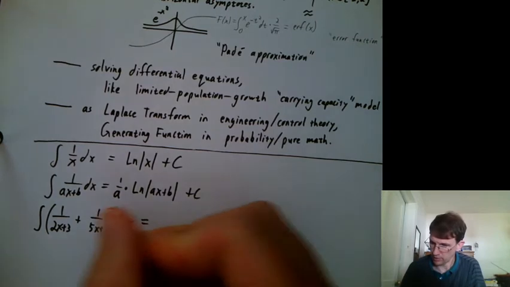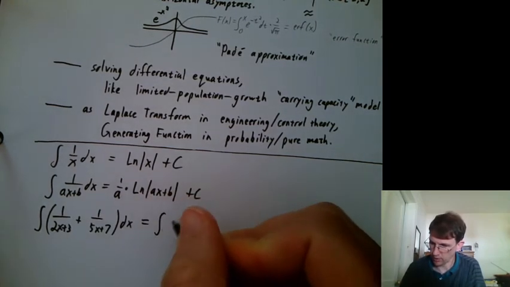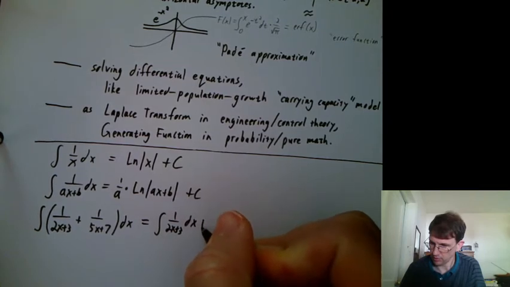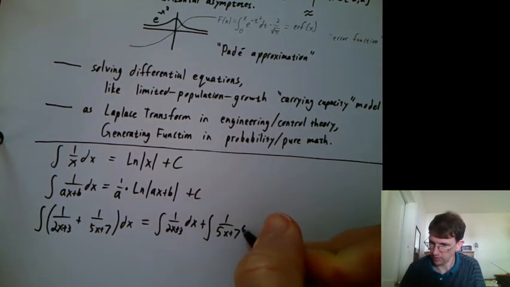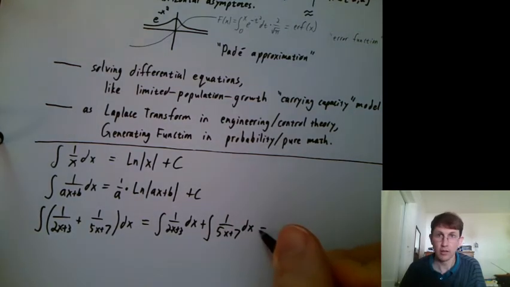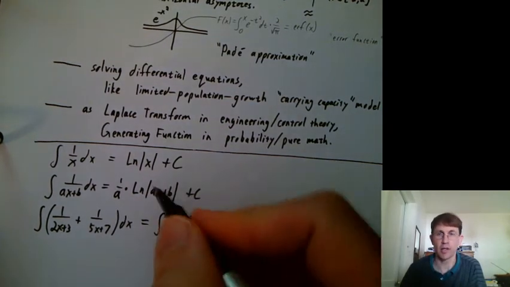All right, so we could say it's the integral of the first part, 1 over 2x plus 3 dx, plus the integral of the second part, 1 over 5x plus 7 dx, which would be, just apply this rule.